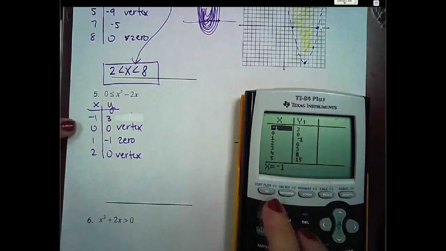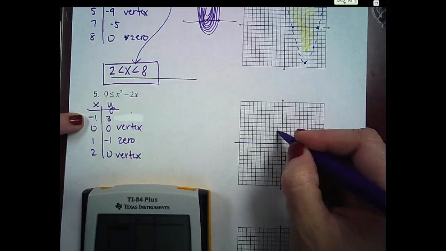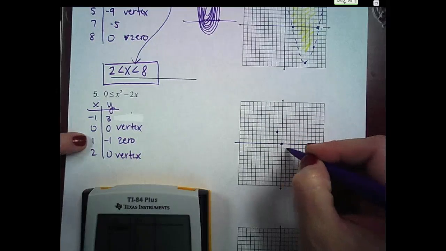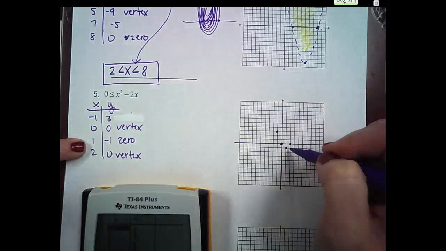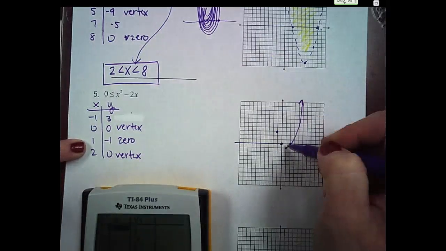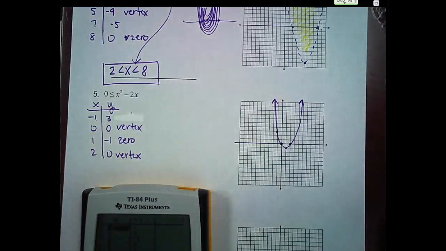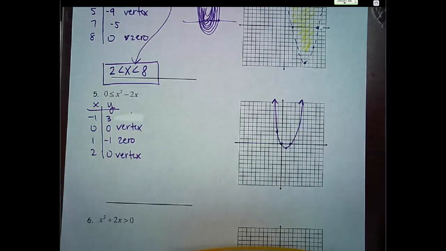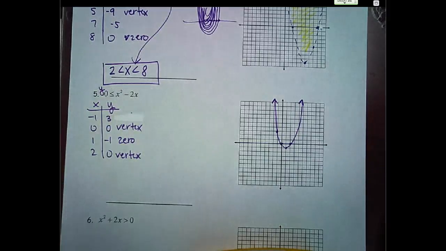Now go back and graph those points. It's a solid line. And then it says 0 is less than, or you can consider it as kind of like y. Y is less than. Okay?